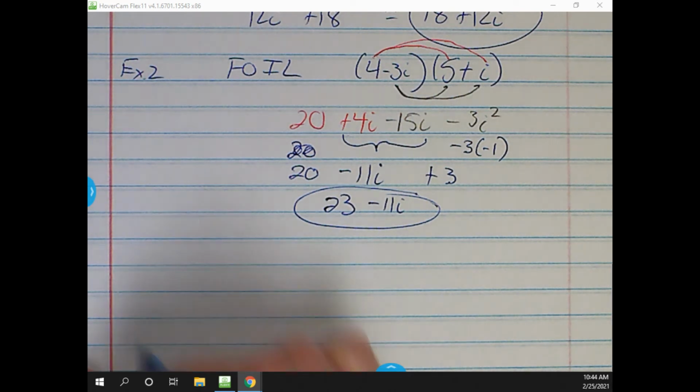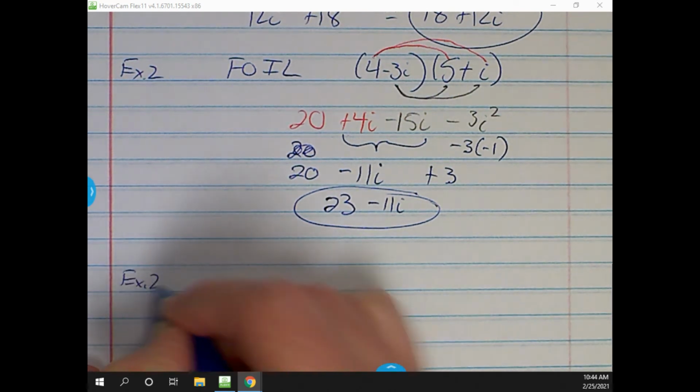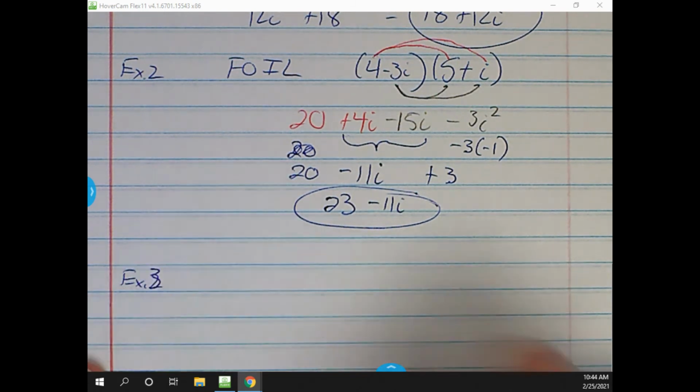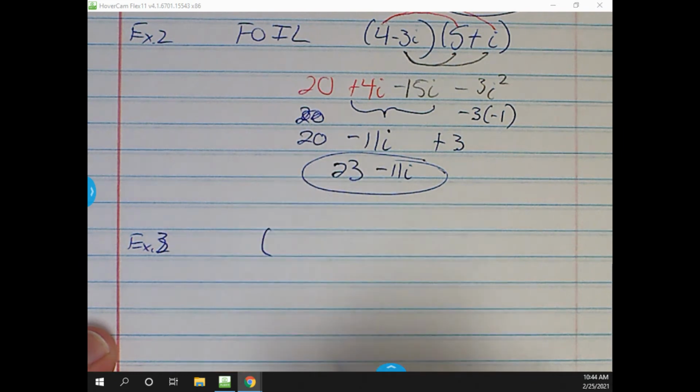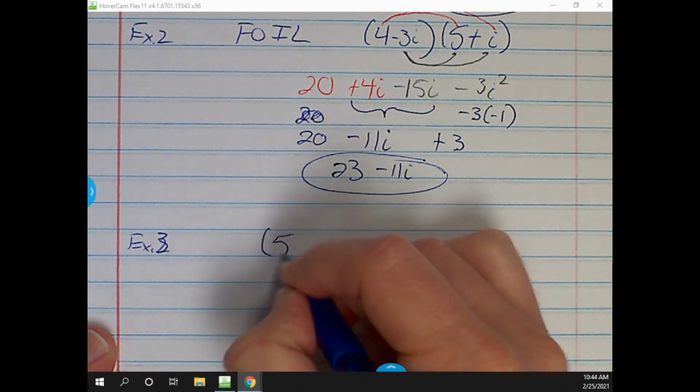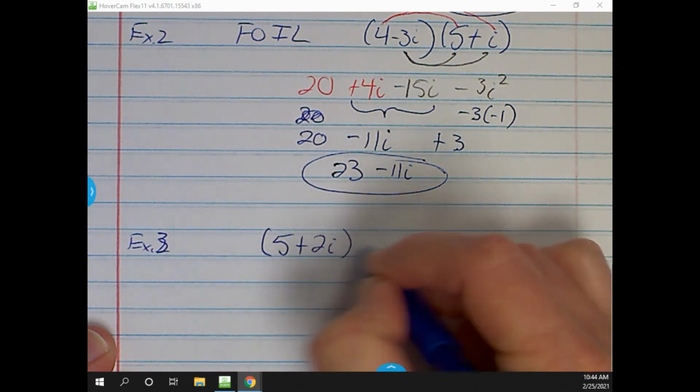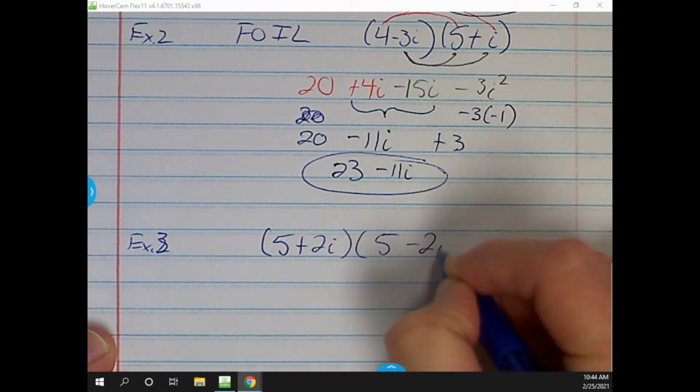Okay, and let me show you one more full method just so we've got a little practice with it. Example 3. All right, so for this one, let's do 5 plus 2I times 5 minus 2I.